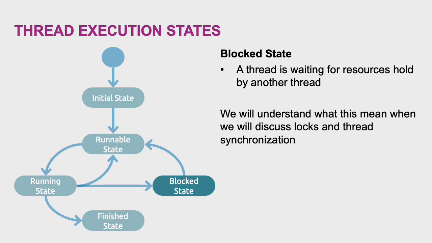Of course, you cannot have a thread blocked forever. This would be a problem. It means that there's a flaw in your software. So the blocked state is something temporary. And after a thread is blocked, it can transition to the runnable state, meaning that the event or the resources it is waiting for is available, and so the thread can progress in its execution.